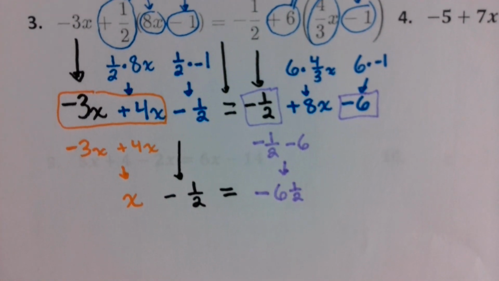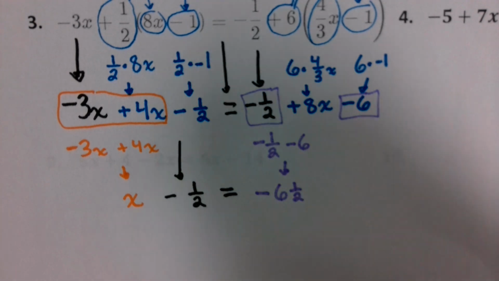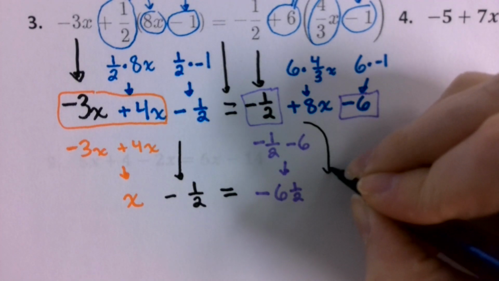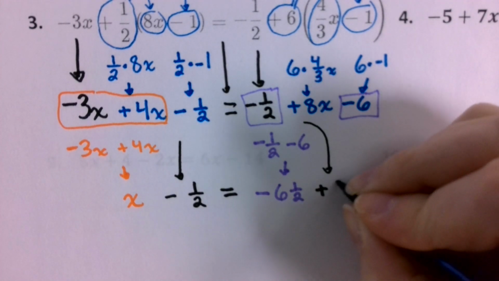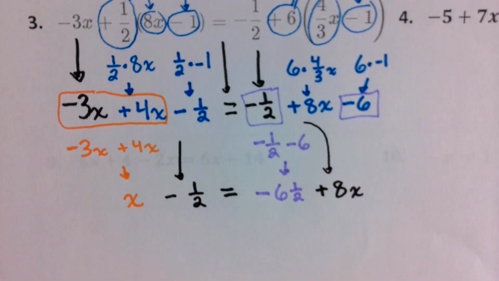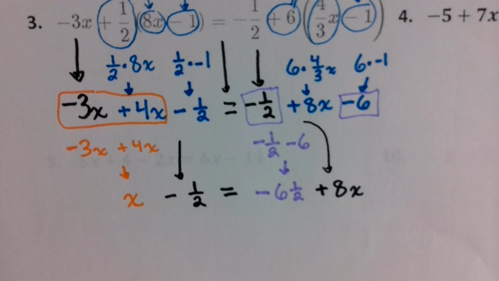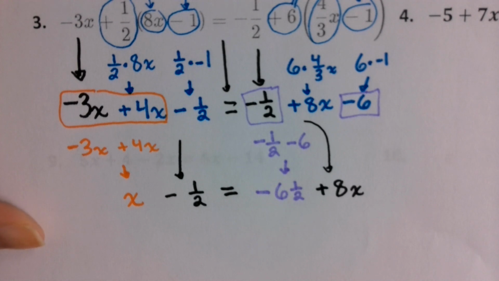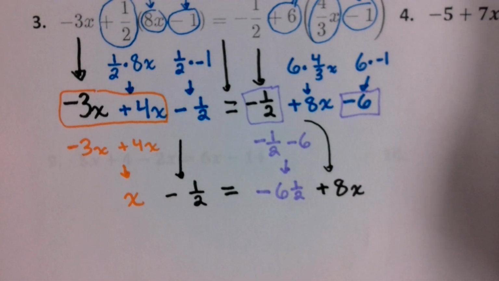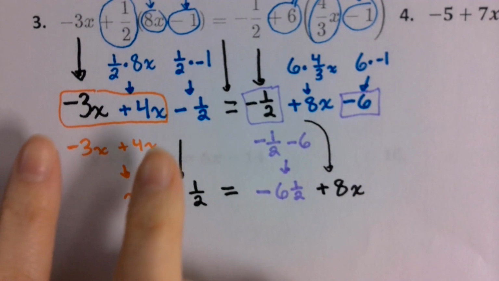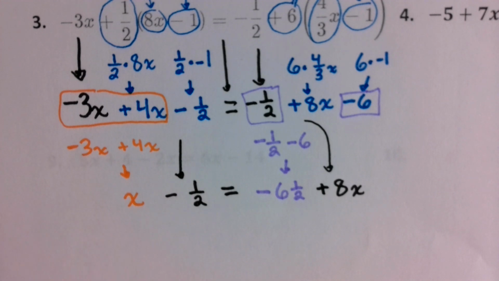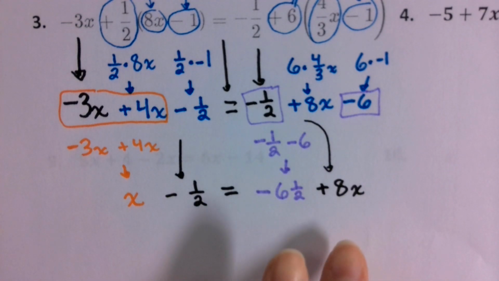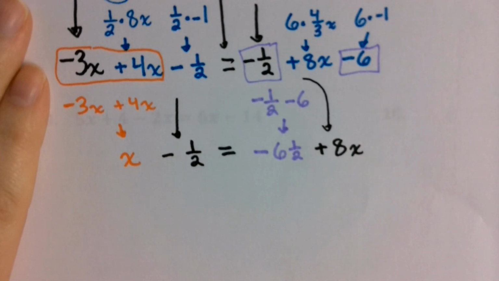That comes out to negative 6.5. We still have this positive 8x that does not have a like term with it, so it's just going to come down as positive 8x. Okay, we have distributed. We have simplified our left side as much as we can. We have simplified our right side as much as we can.